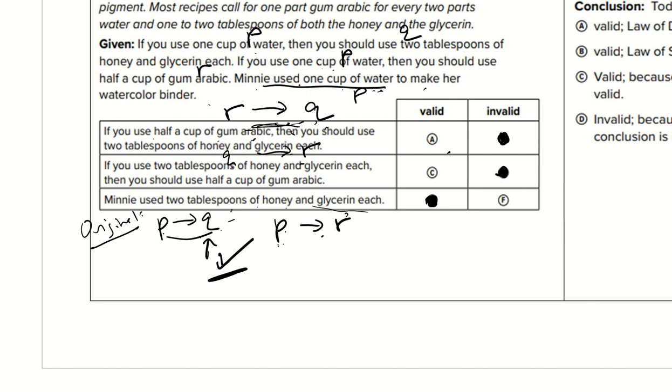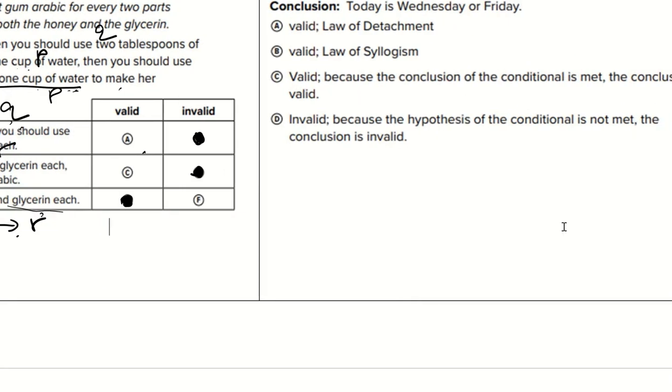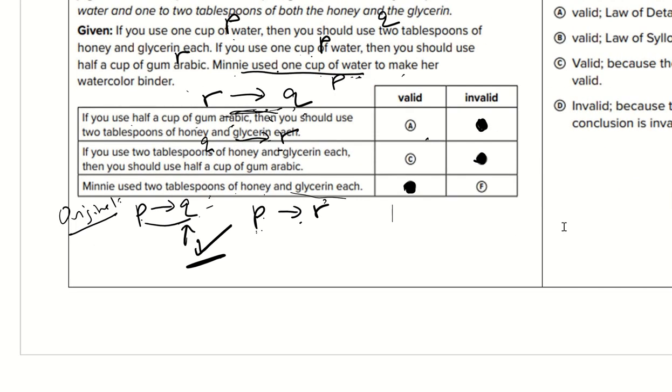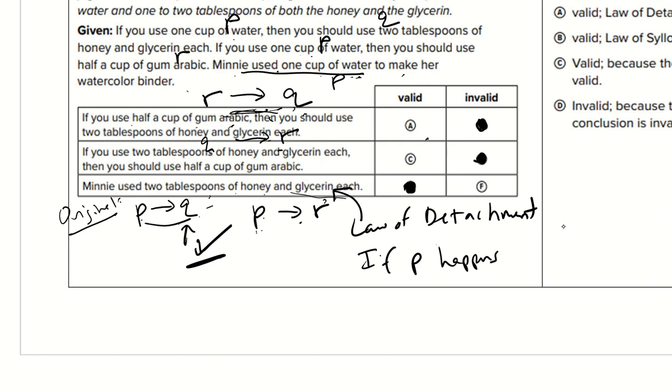Okay, so it's all based off of the statements. If one happens, then the other happens. If, that's what it says. And that's known as the law of detachment. The law of detachment basically says that if P happens, then Q will happen.